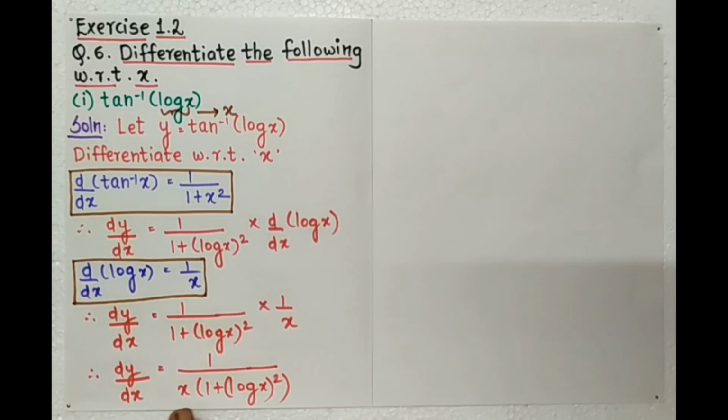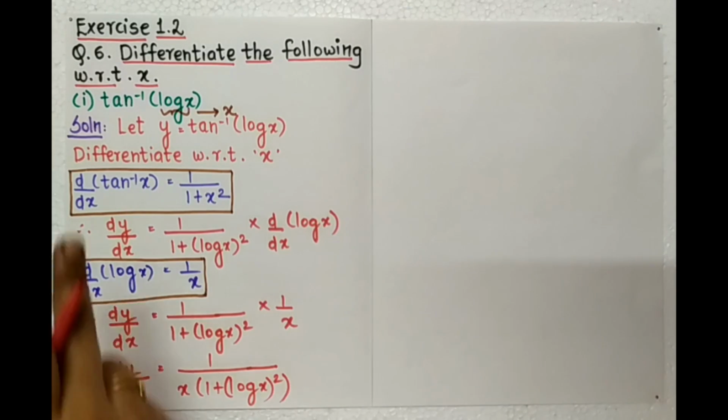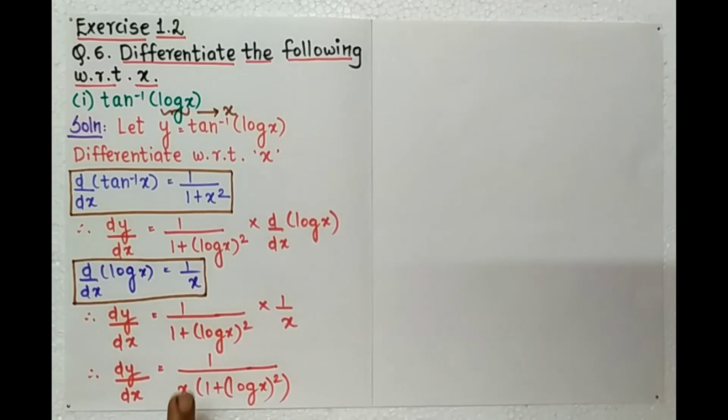So the derivative of tan inverse log x is 1 upon x into 1 plus log x the whole square. Hope you understood how we did this. So now we can move on to the next question.